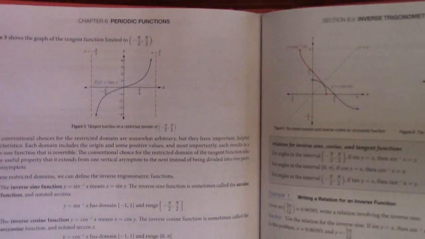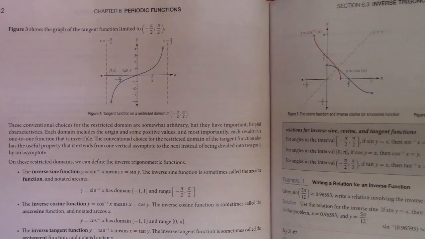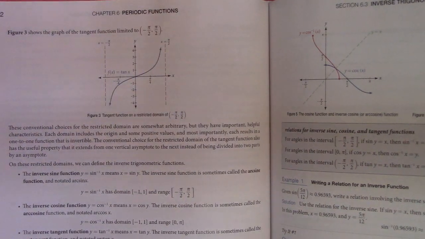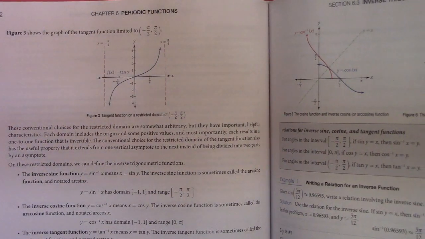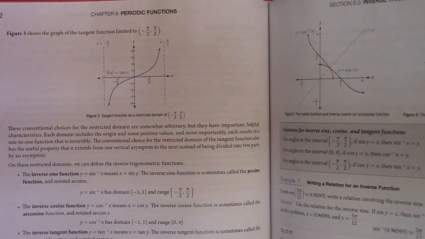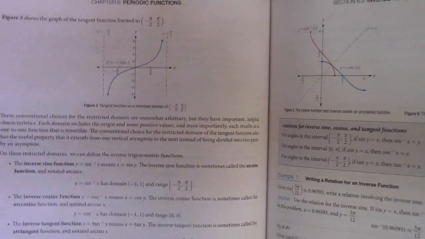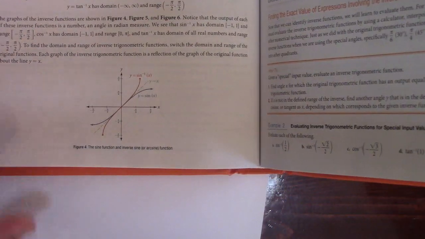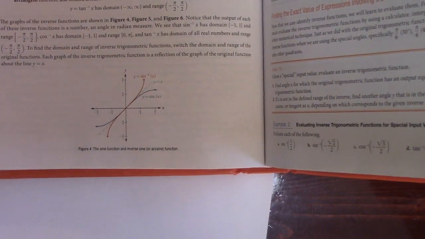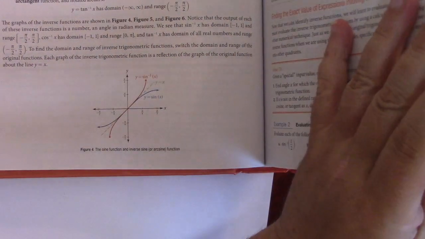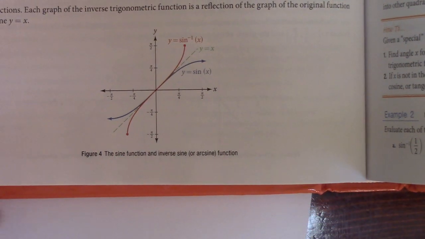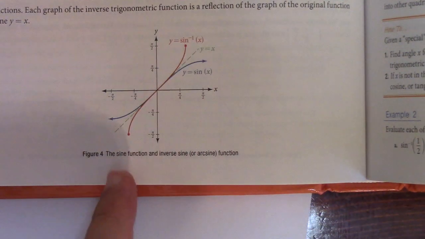They have some even nicer pictures than I do. There's their picture of tangent, and their picture of the inverse, well, that's just the picture of the restricted tangent, great. They do have a nice picture of both the sine and the inverse sine on the same picture.